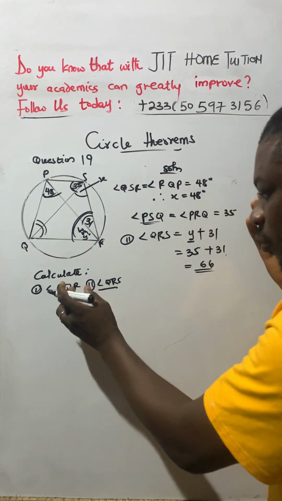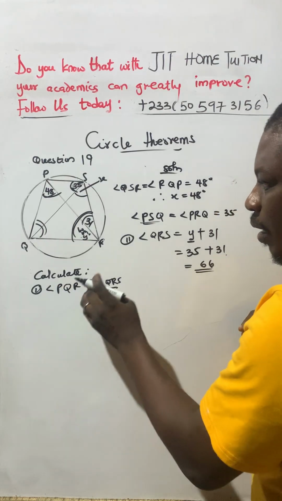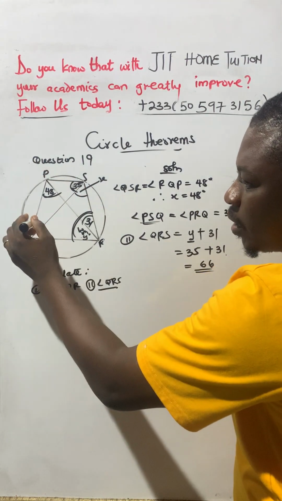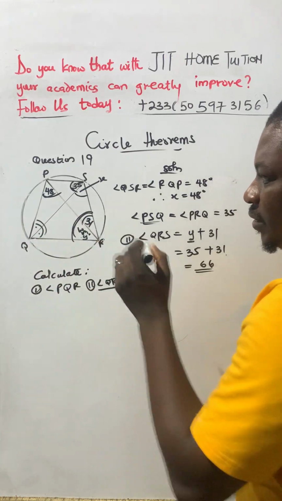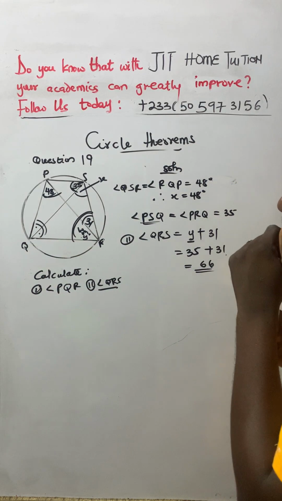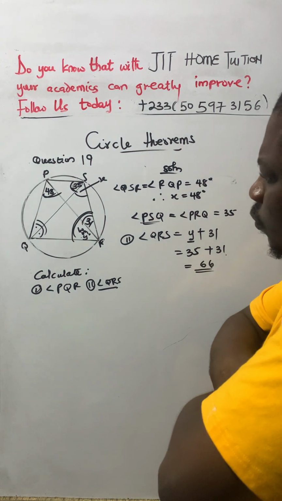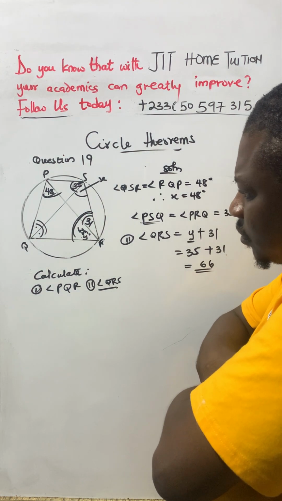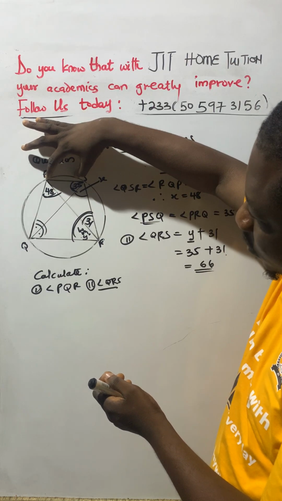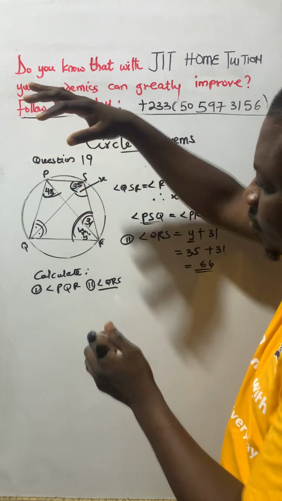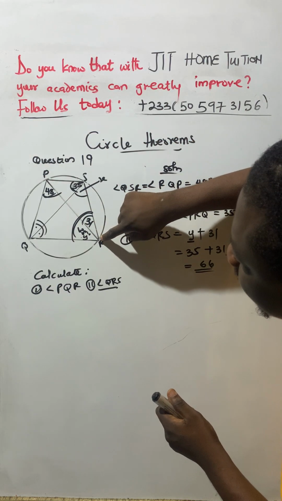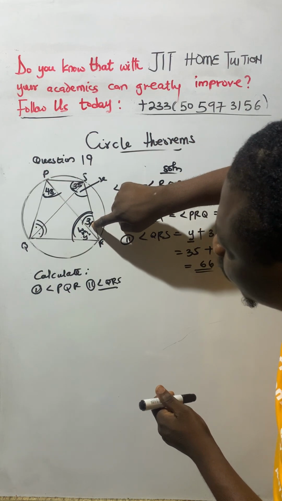Okay, now let's look at how we find PQR. PQR consists of this angle and this angle. Let's look at it carefully. If this one is also a chord, I hope you are following, when this one is the chord, it subtends here, forming an angle which is 31.